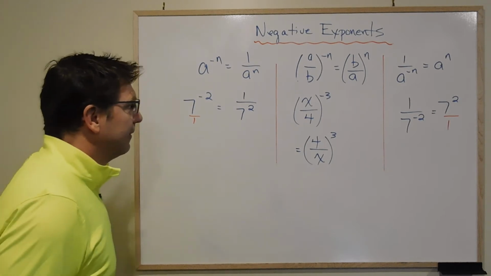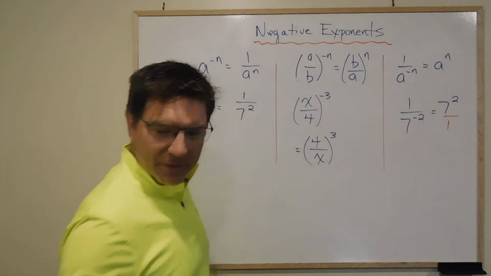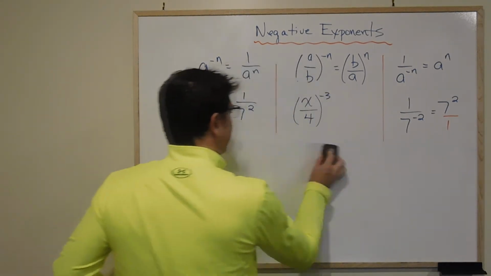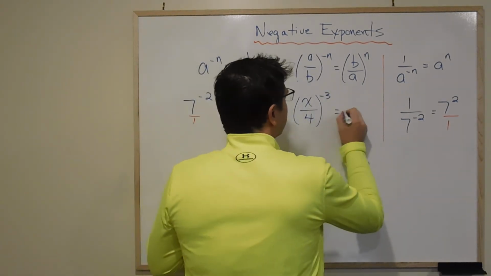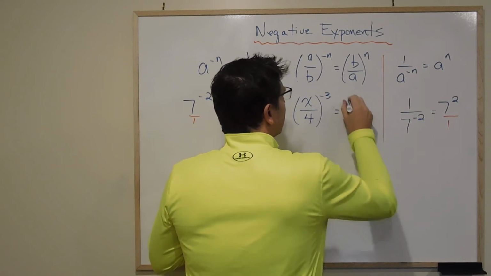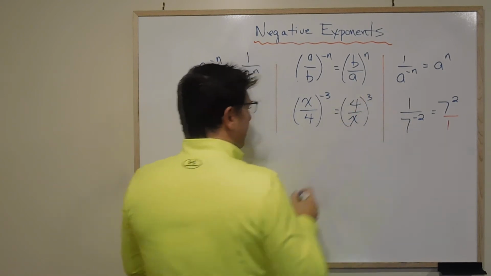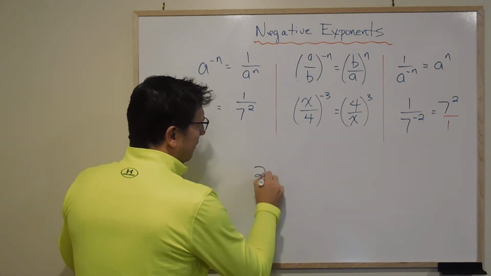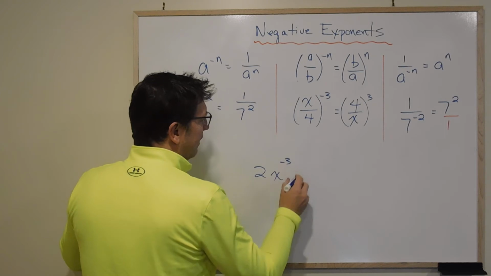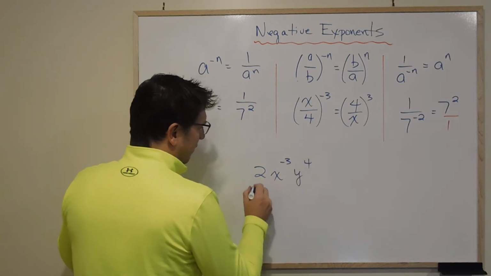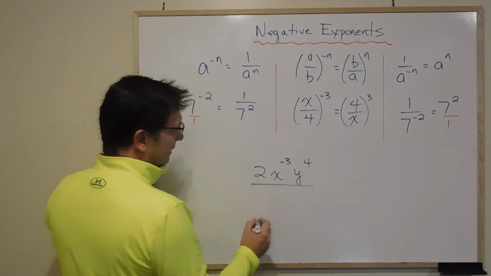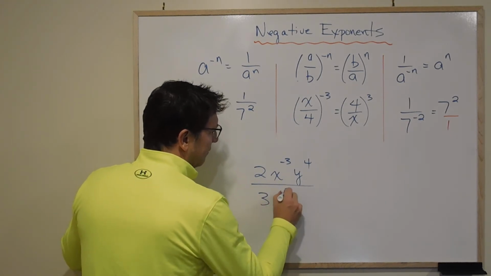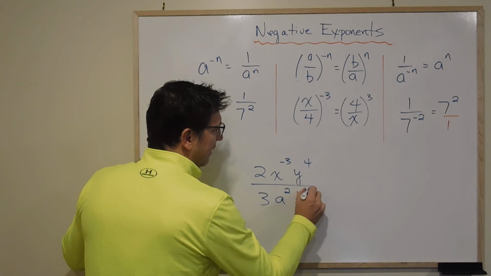Write it down. So if I take, we better rub out a little more here so I have some room. Okay, I'll do that. And we'll put this right here. Like this. That's 3. What if I had something like this? In the numerator I had 2x to the negative 3, y to the 4th, and in the denominator, I had 3a squared b to the negative 5.